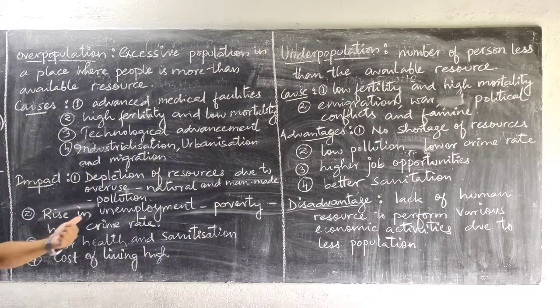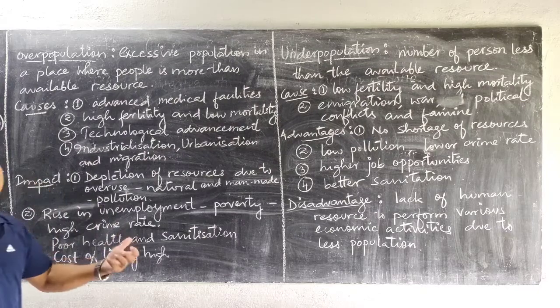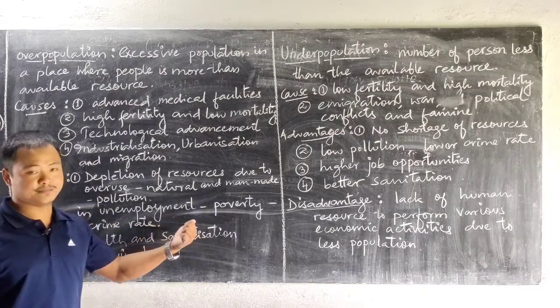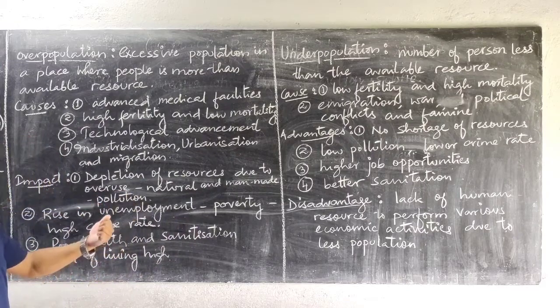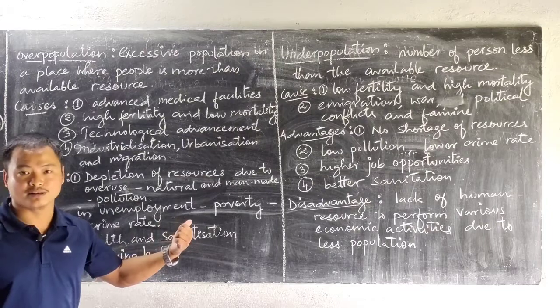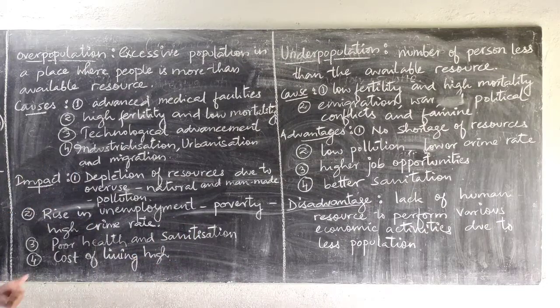Then again, unemployment leads to what? High crime rate. Because people need something to earn, or something to live their life, and what provides that is employment. But in this case, we have unemployment on a large scale, so this ultimately leads to a high crime rate.